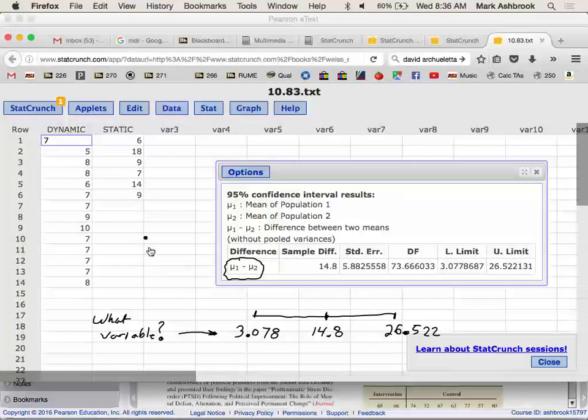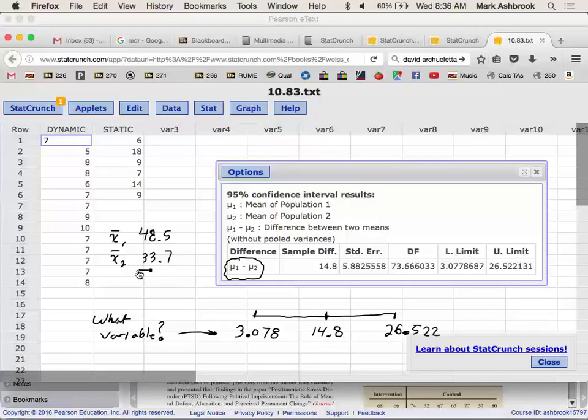What was the sample mean for malignant tumors? 48.5. That was x bar 1. And what was x bar 2? 33.7. So if we're comparing and we need one number that helps us compare, we'll do the difference. That's 14.8.